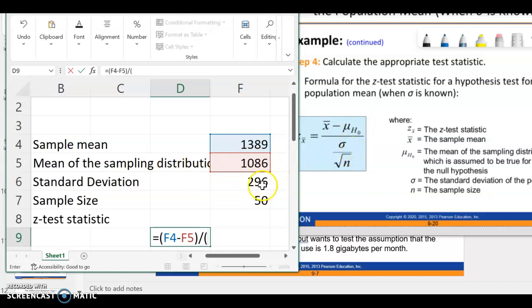Now let's do the bottom, division, and then a parenthesis around the bottom, the standard deviation, 296, divided by the square root, SQRT, double click on it. We want the square root of N, which is 50, and we need to make sure we take the square root first. So I'm going to put a parenthesis around that.